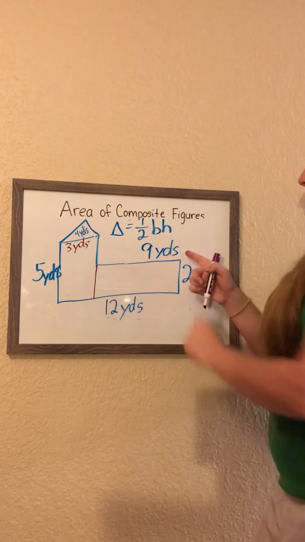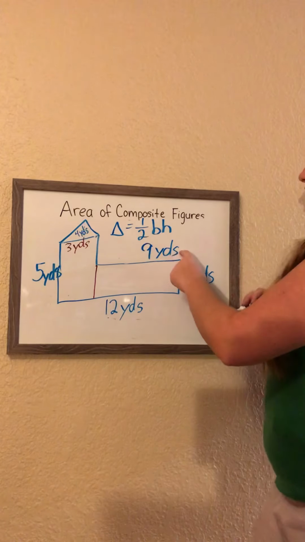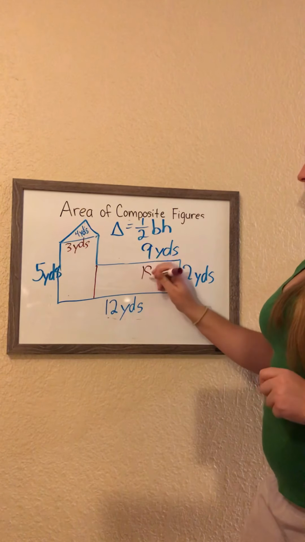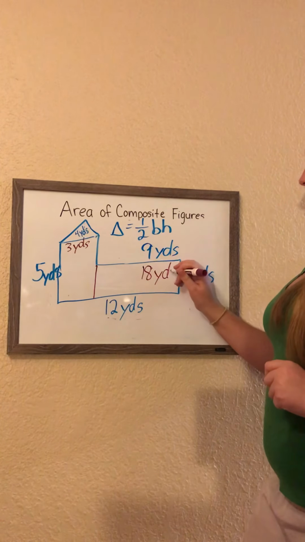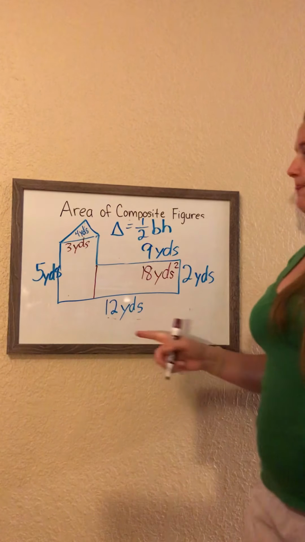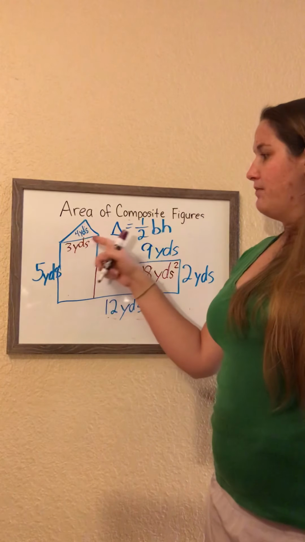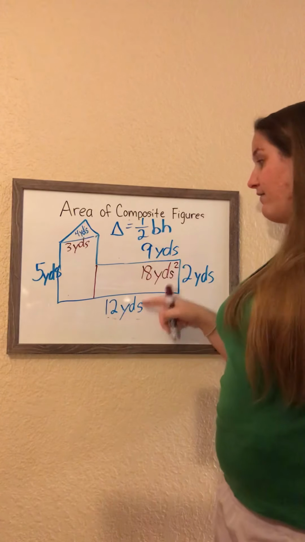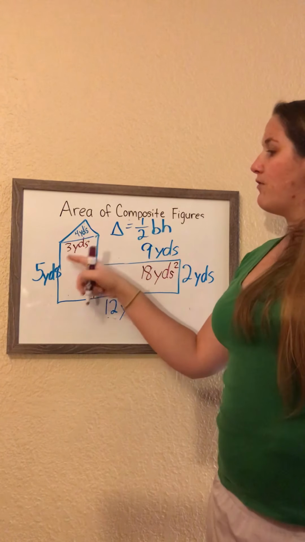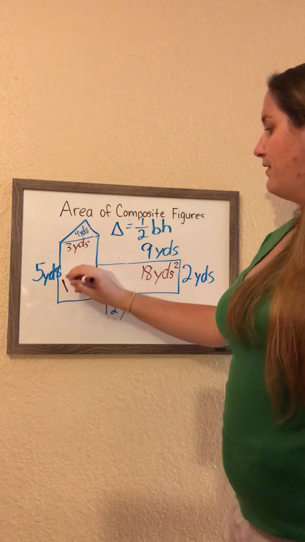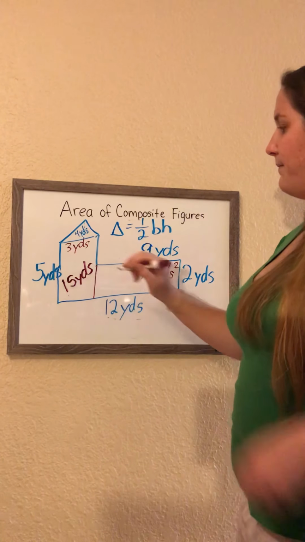Hopefully you're thinking the top, which is 9 yards. So you're saying 9 times 2 is 18 yards. This one over here, it was 3 yards across that we found out from subtraction. 3 yards times 5 yards, that's 15 yards squared.